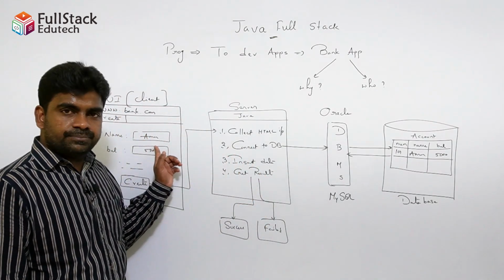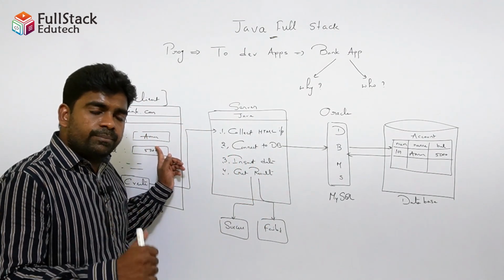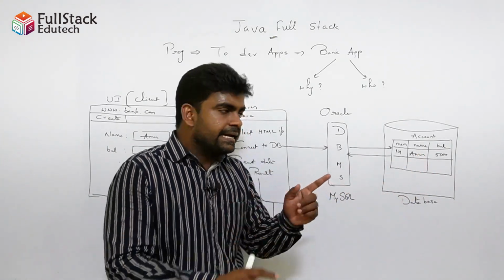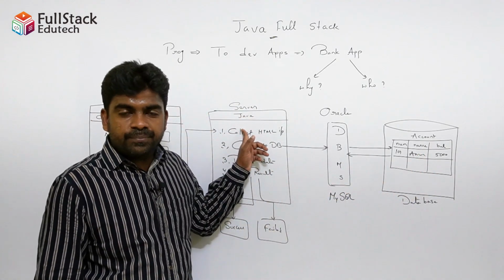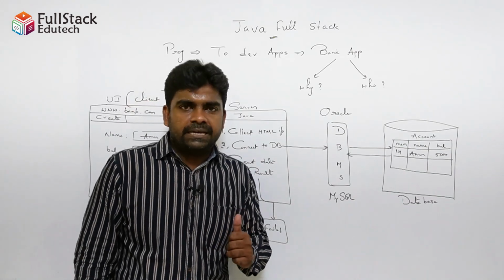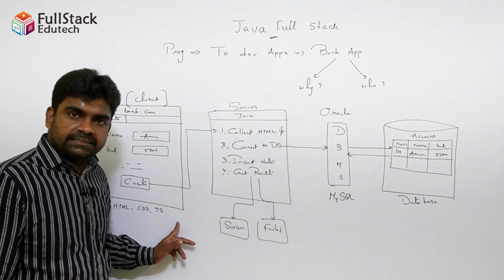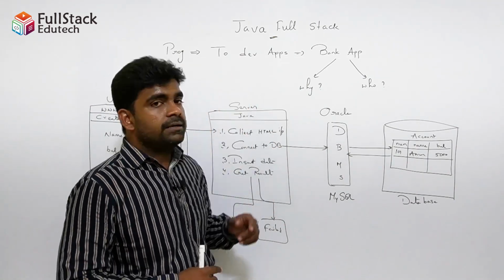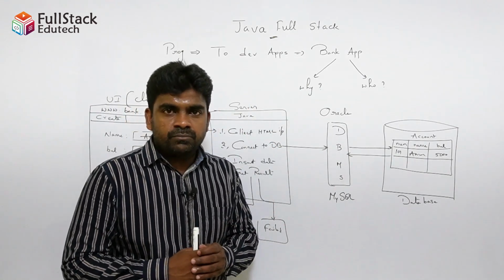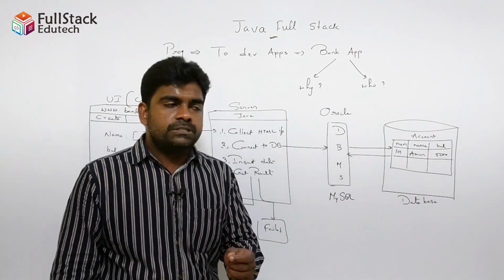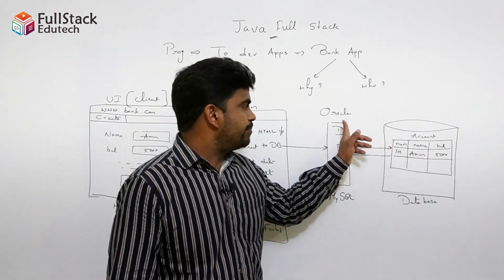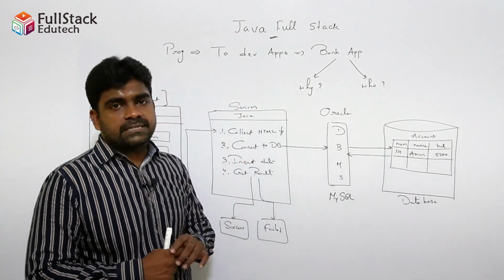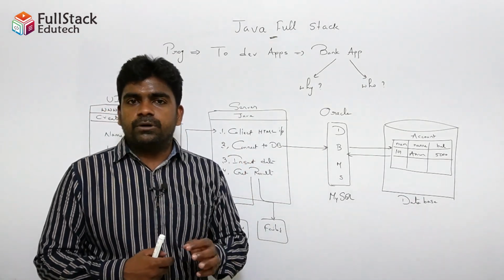Using the client, and you store the information permanently in the database. How do you connect client and database? Using server-side programming. How can you develop the client application? Using HTML, CSS and JavaScript. What is that server-side coding? Java, because you are the Java full stack developer. What database management system do you use for all the database operations? Suppose Oracle. This is the simple way of understanding why we are attending the programming classes.